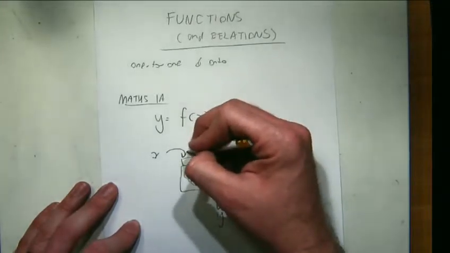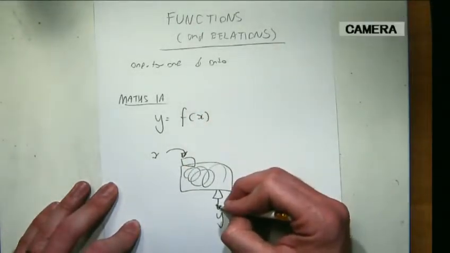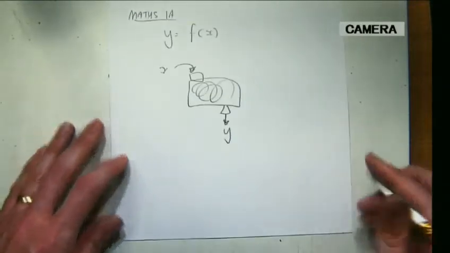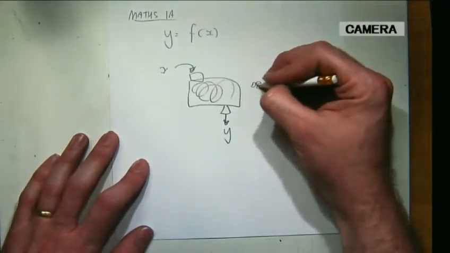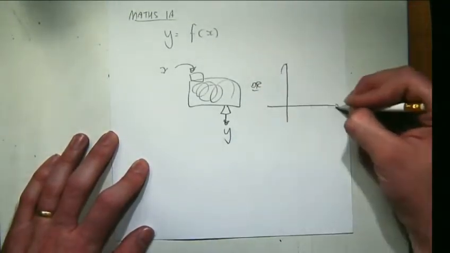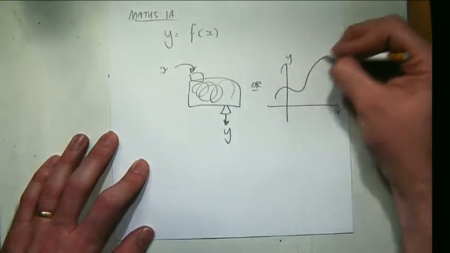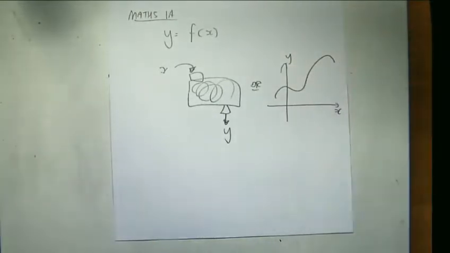You're also used to thinking of functions as a graph, something like that. Okay? So firstly, let's fix that. It is okay to think of functions in both of these ways.